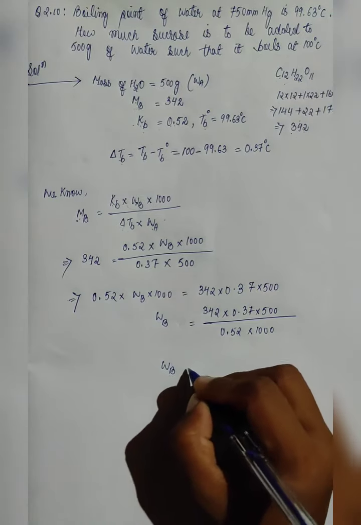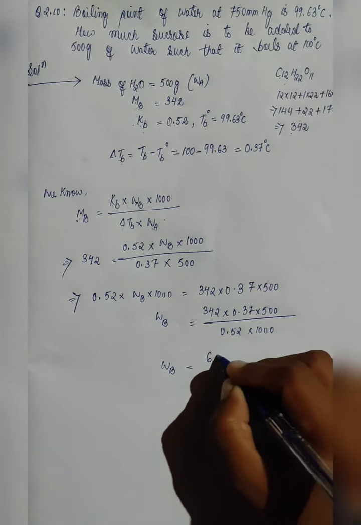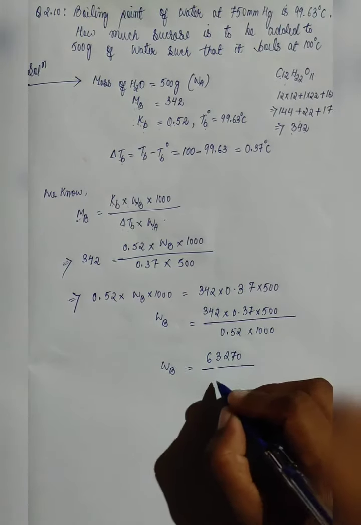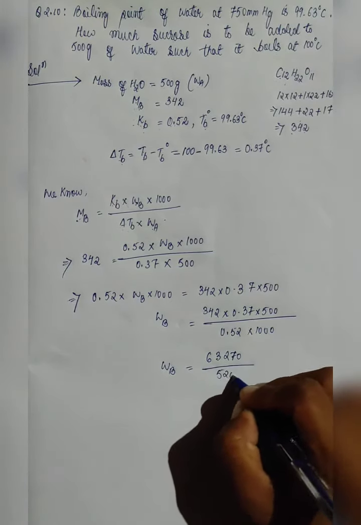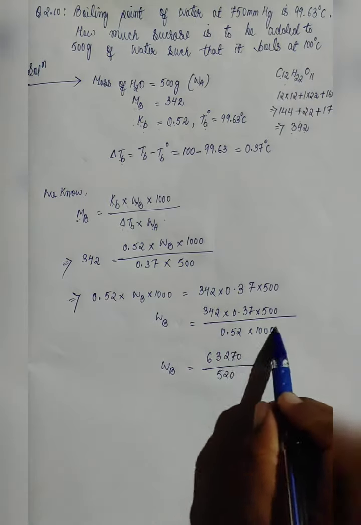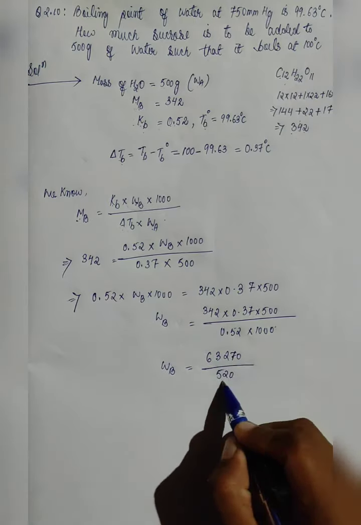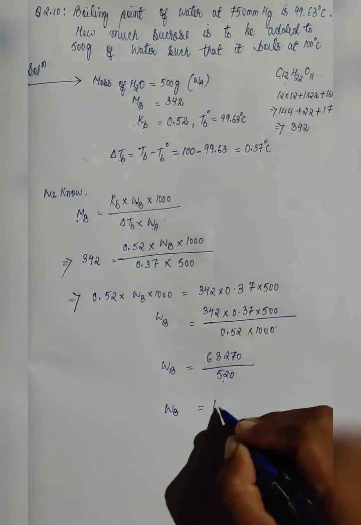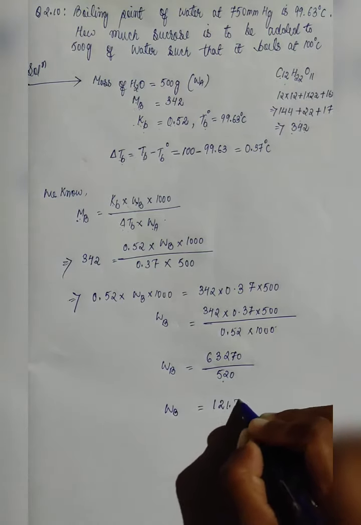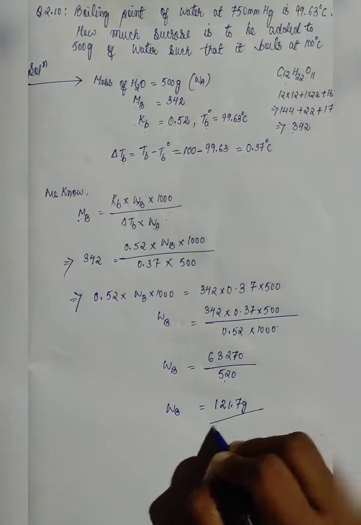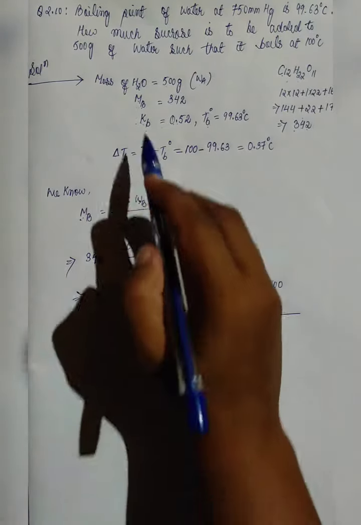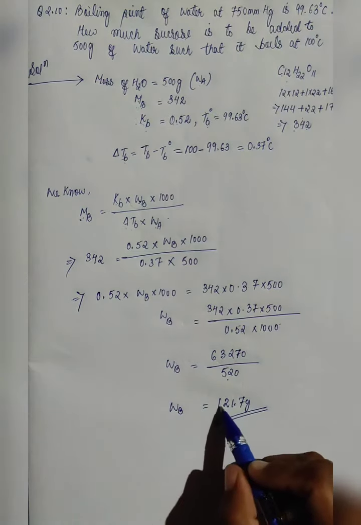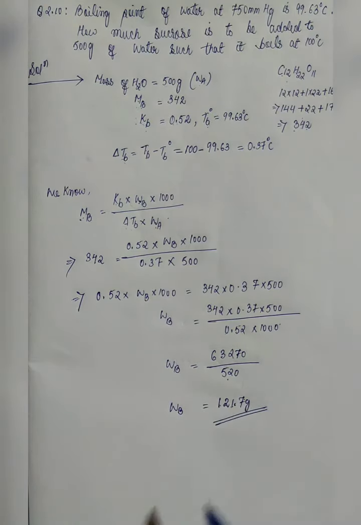So Wb becomes, upon calculation, upon multiplication, 520. These two multiplied, we will get this number. So upon division, we will get 121.7 gram. So the question asked us how much sucrose is to be added. So we got the answer as 121.7 gram.